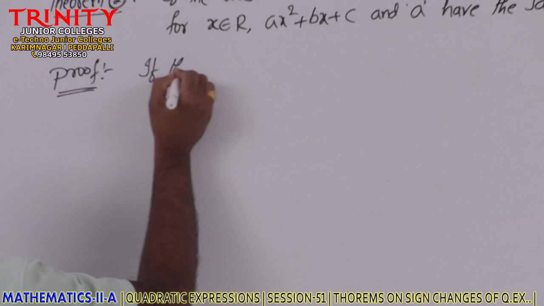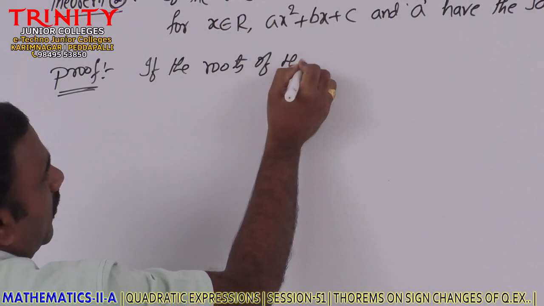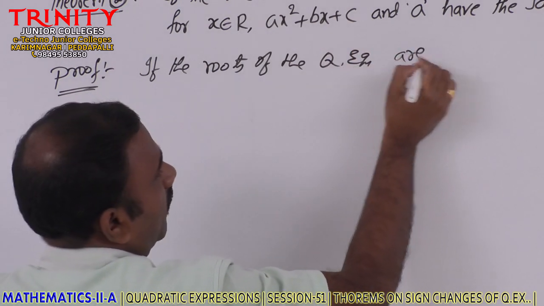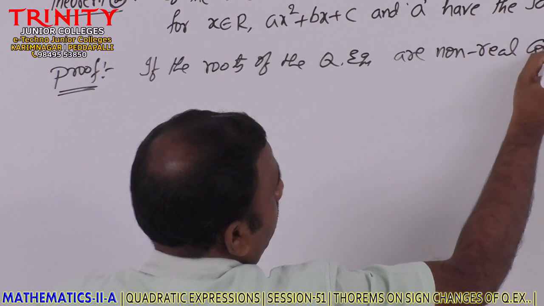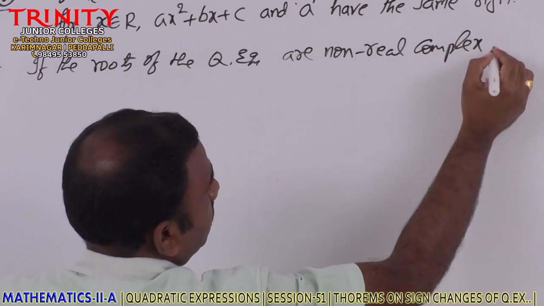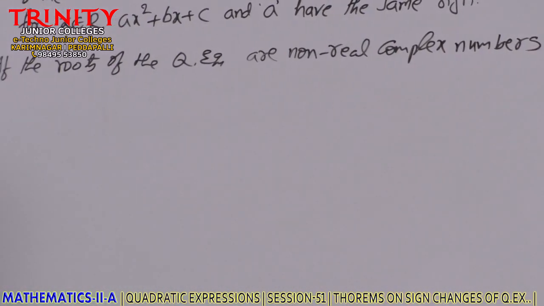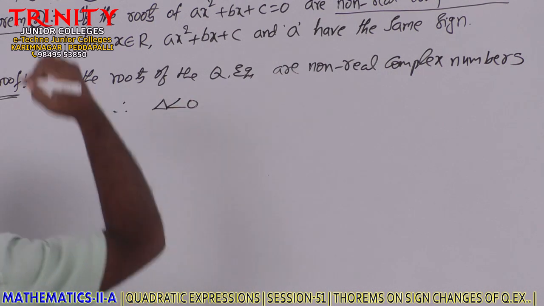If the roots of the quadratic equation are non-real complex numbers, that means the discriminant is less than 0.